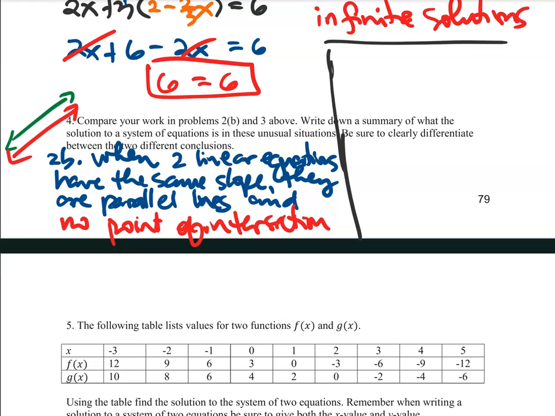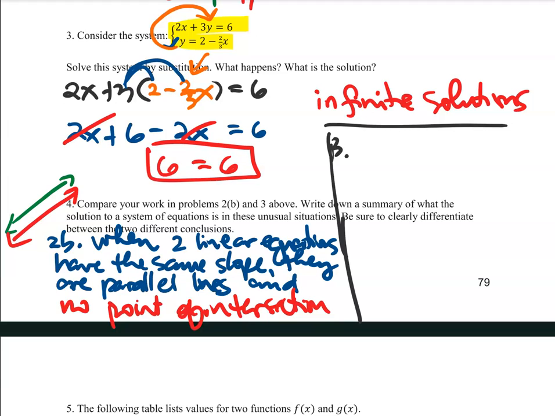And for problem number 3, these two equations here, we got infinite solutions.